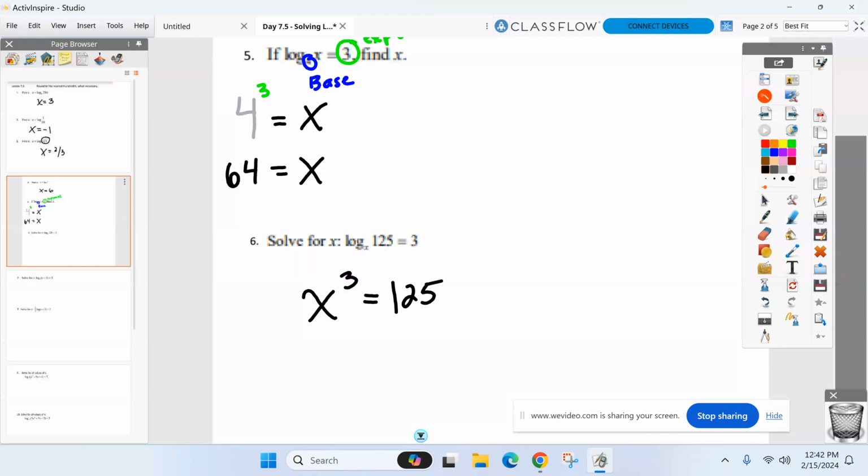How do we always get rid of an exponent? There are 2 ways to do it. I want to talk about the way we've been taught this unit. We could cube root it, fine. But we could also raise it to what? Which would be what here? What's the reciprocal of 3? 1/3, yep. You could also cube root it.